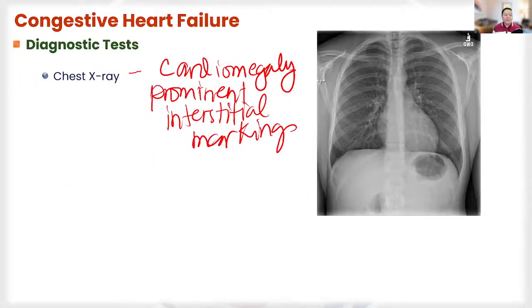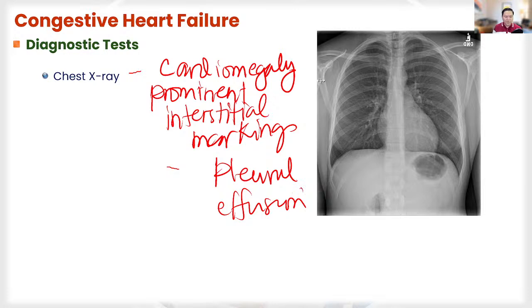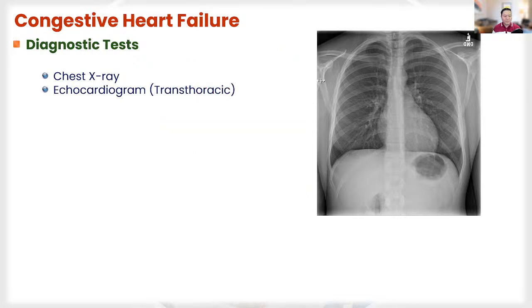Now, another finding that you will probably see in the chest X-ray is the pleural effusion. All right. So this is the presence of excess fluid in and around the lungs, and this is going to be detected by the chest X-ray as well. Now let's take a look at the echocardiogram. Let me just delete that real quick. The echocardiogram will do a lot of things.